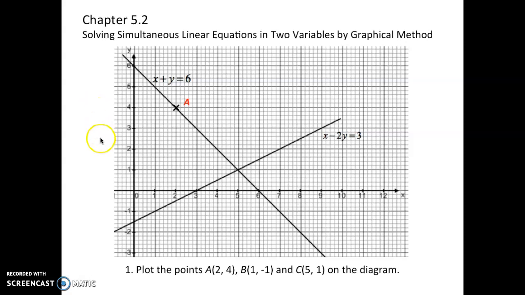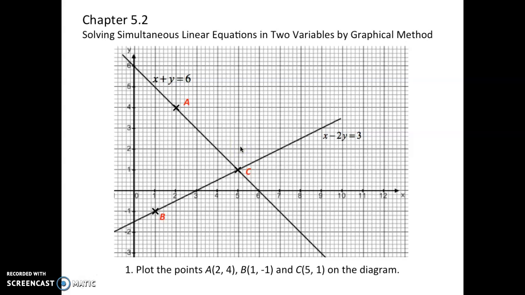So similarly, we'll look at the x-axis first before the y-axis. Therefore, point B will be here. Lastly, we want point C, which is (5, 1). So the x-axis will give us this point and the y-axis will give us this point.